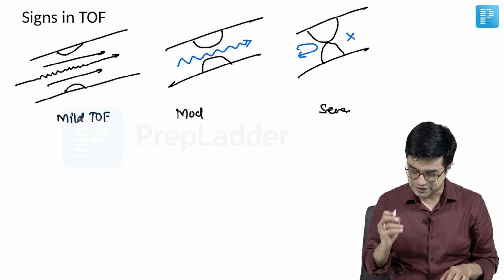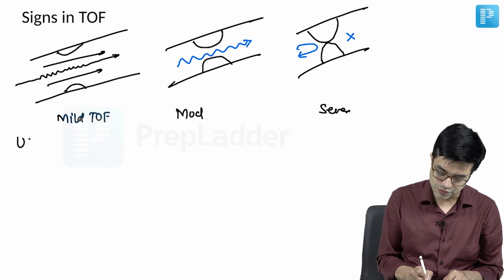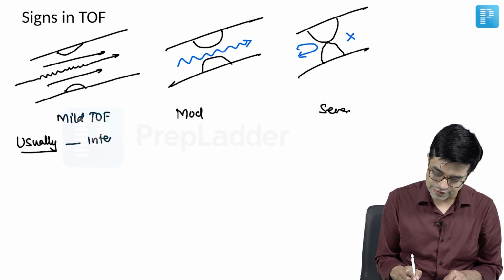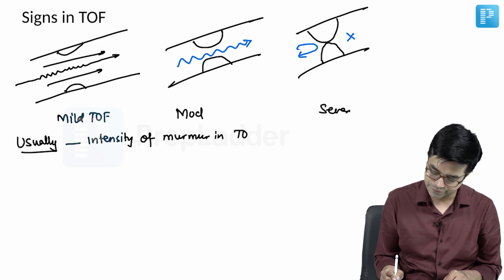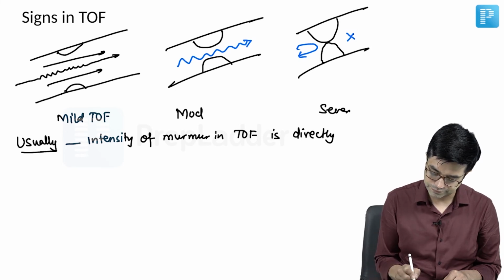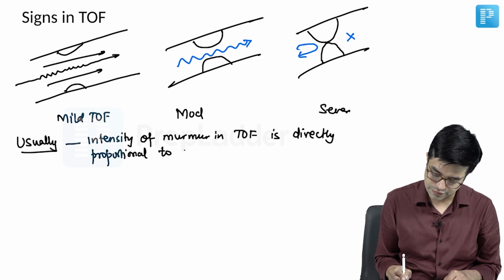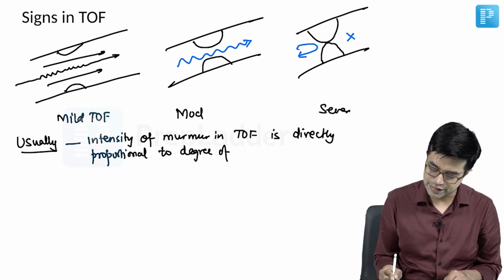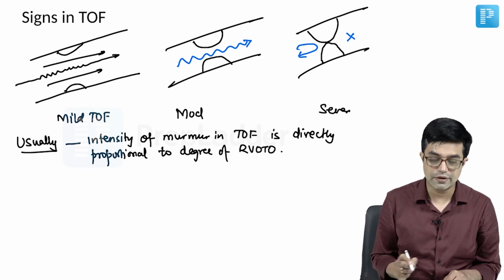What does it mean? What it means is, usually, the intensity of this ejection systolic murmur in tetralogy of Fallot is directly proportional to the degree of right ventricle outflow tract obstruction.